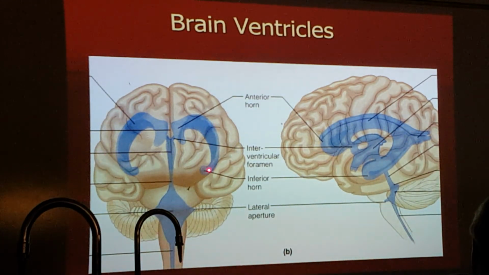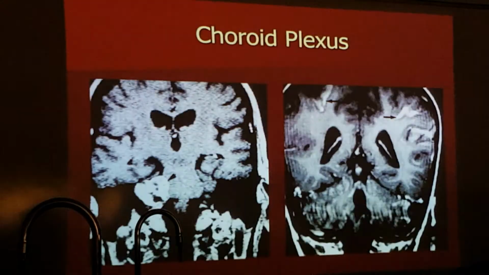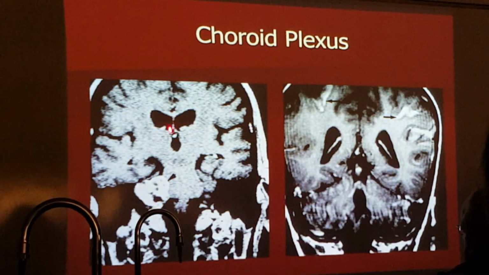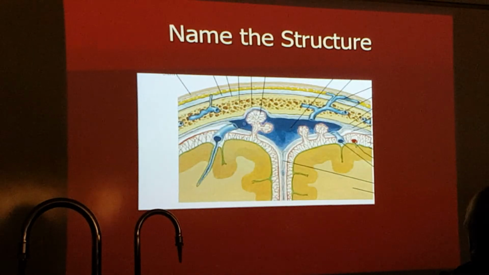Okay, this is the temporal horn of the lateral ventricle, frontal horn of the lateral ventricle, the trigone, right there. Fourth ventricle, cerebral aqueduct, third ventricle, foramen of Monro. There you can see septum pellucidum, choroid plexuses. What are those? Arachnoid villi.